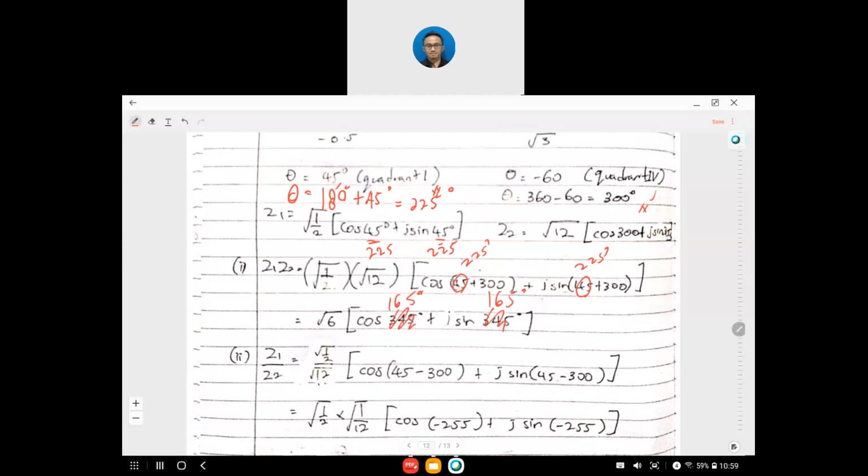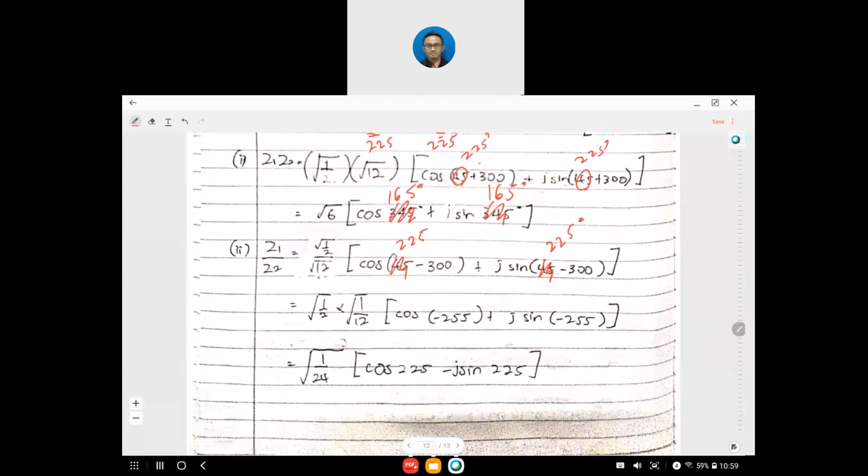And then question 2, divide. Here is 225 degrees minus 300, so you get minus 75. So here supposedly negative 75. Cos of negative 75 is also equal to cos of positive 75 degrees, but here the sine is negative 75.